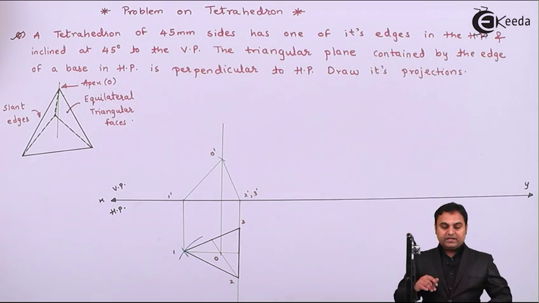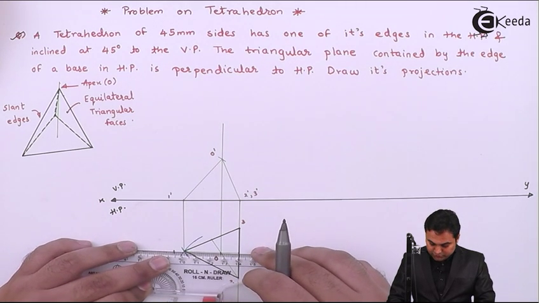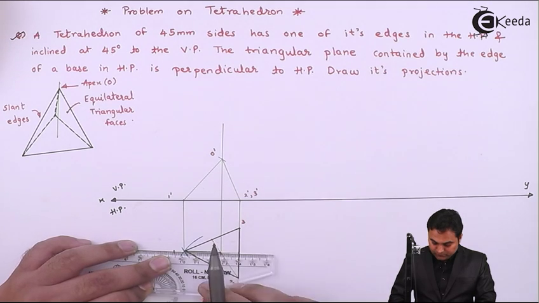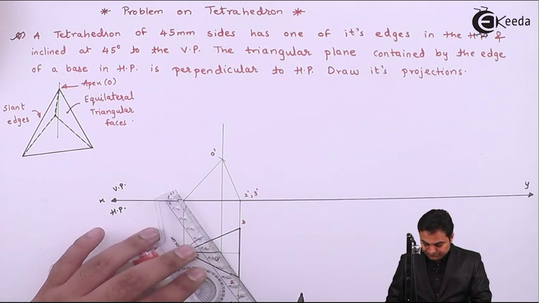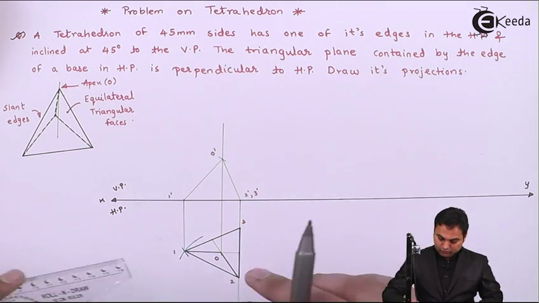Then the triangular faces will be visible from top, so joining the corners to the apex to get the slant edges, O to 1, then O to 2, and next O to 3.